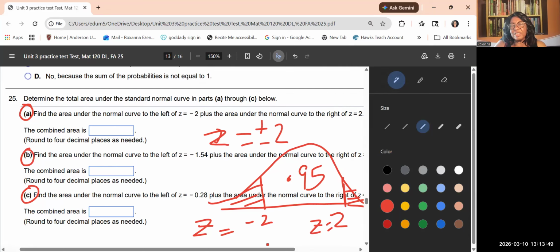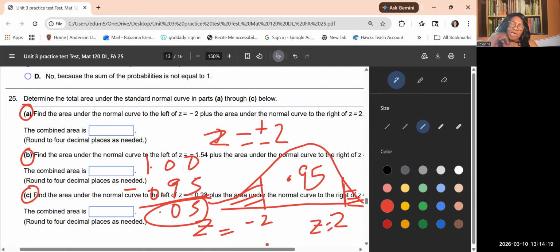One thing you need to remember is that the area under the normal curve is 1. So 1.00 minus 0.95 is 0.05. That area under the normal curve is 0.05 or 5%.